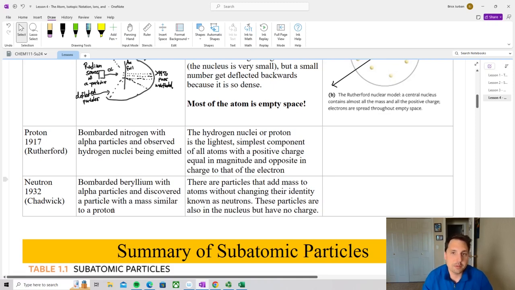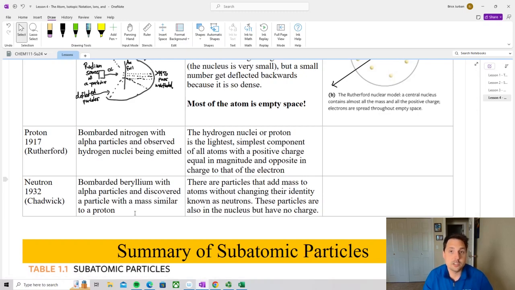This was a common theme at the time. They were just shooting different elements with an array of alpha particles and trying to see what they discovered. And in this time, they discovered a particle that was similar in mass to a proton, but it didn't have any charge to it.